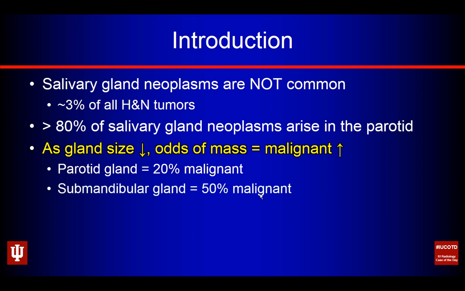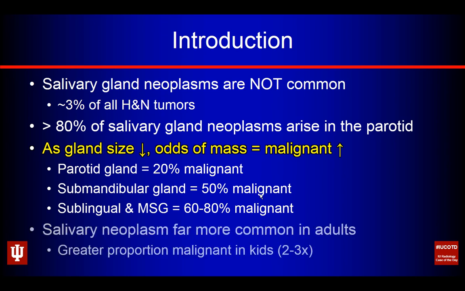Take a look at the submandibular gland. We're talking a gland that's a coin flip in terms of whether or not a mass is going to be benign or malignant. Now take a look at the sublingual and minor salivary glands. We're talking upwards of 60, maybe 80% of the time, these are malignant tumors. So the smaller the gland is, the higher the risk of a mass being malignant.